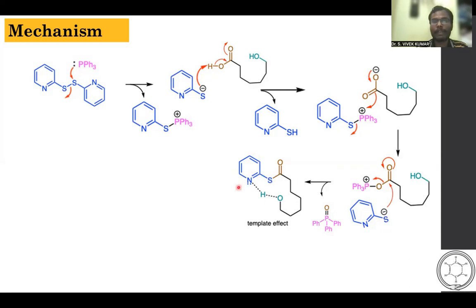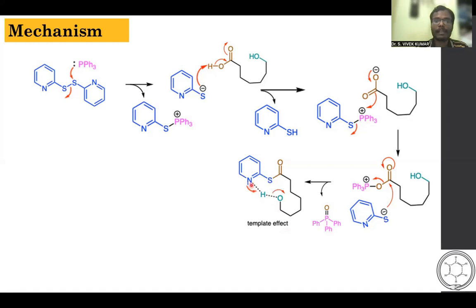Template means the pyridyl nitrogen helps to bring both the hydroxy group as well as the carbonyl group very close to each other. So this template helps the macrolactonization step, and for that reason we can say this acts as a template effect.